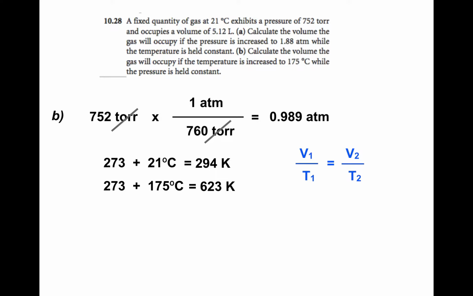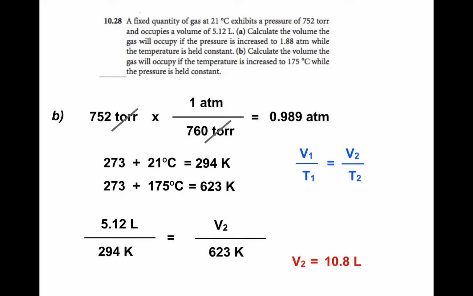Temperature has to be in Kelvin. All right, so I plug in my initial volume with my initial temperature, and if I increase the temperature, I have to increase the volume, right? This is the relationship here. Increase the denominator, increase the numerator at the same time. So multiply both sides by 628 K, cancel Kelvin, and I'm left with the new volume, an increase in volume.